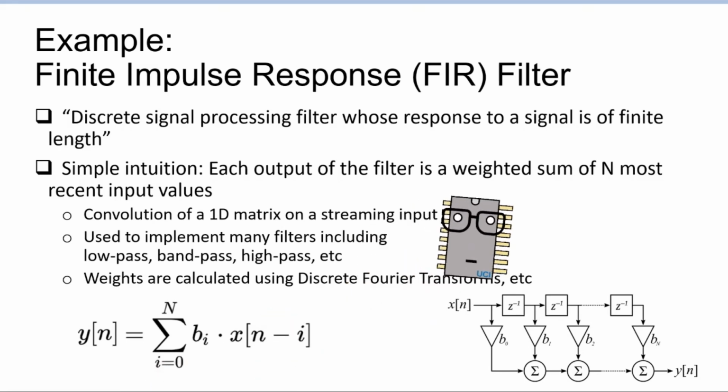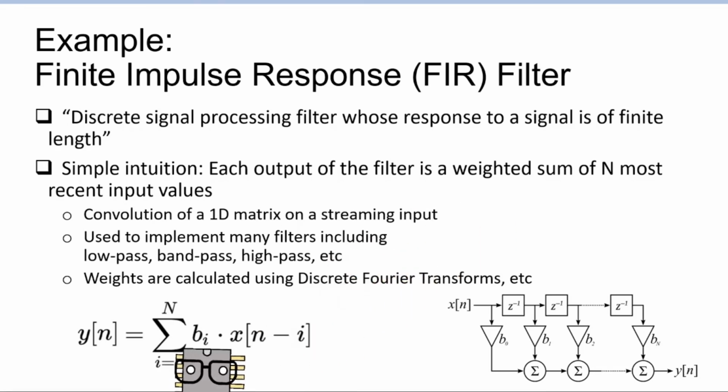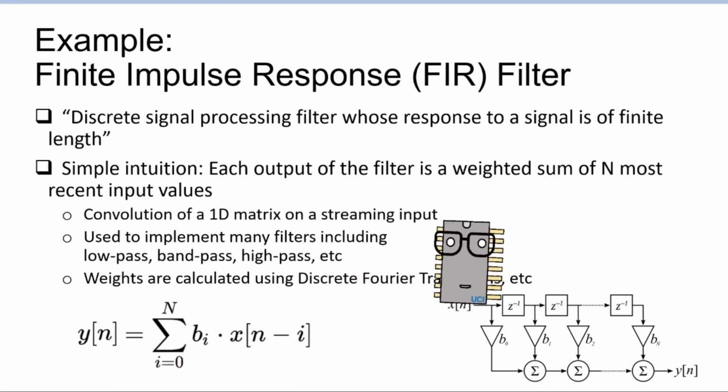and then we're adding everything together. That's it, very simple filter. And depending on the weights that we give for each of these i slots, we can use it to implement many filters, including low pass, band pass, high pass.